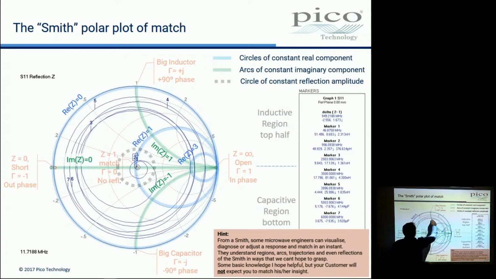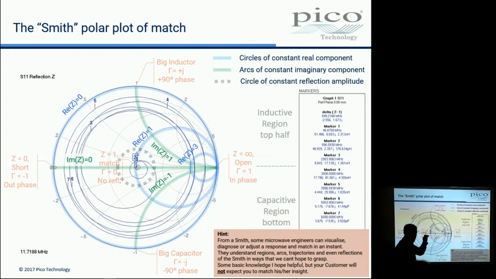These green ones are arcs of constant real component. Yes, it is right. I'm just throwing myself again by trying to read too much at once. These are arcs of constant imaginary component, and this is a circle of constant reflection.